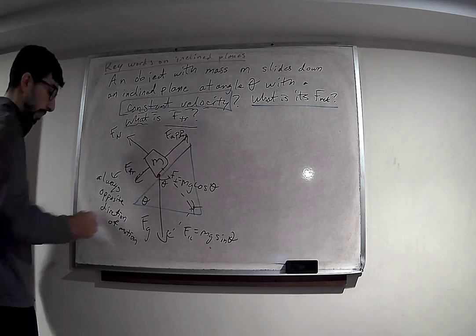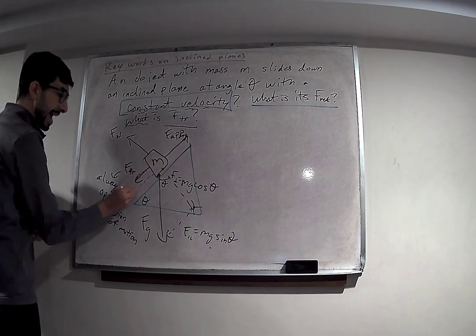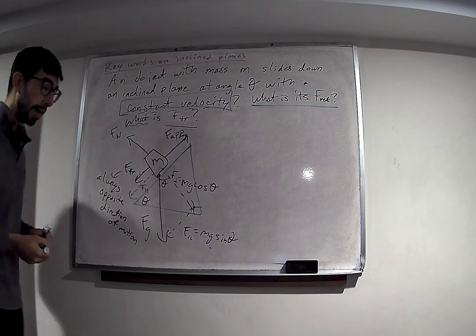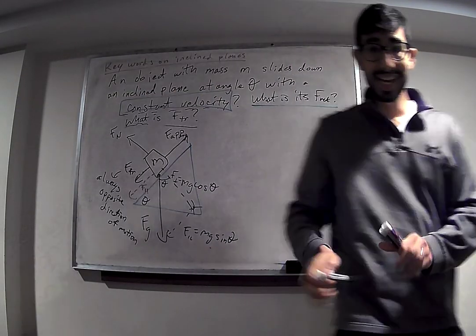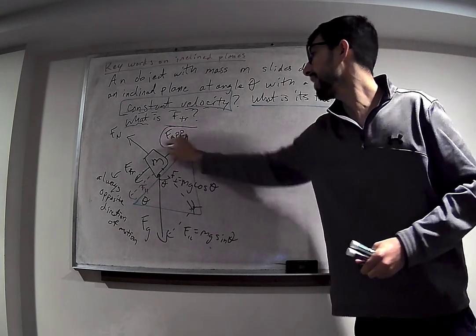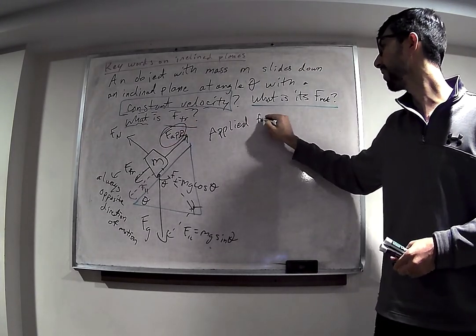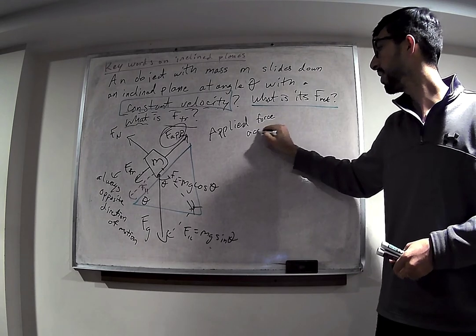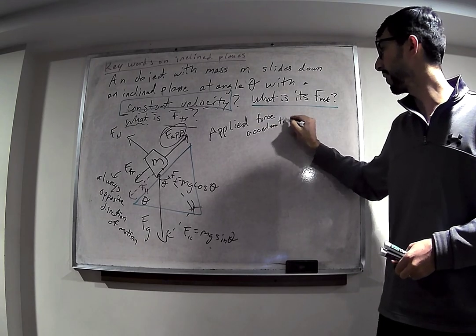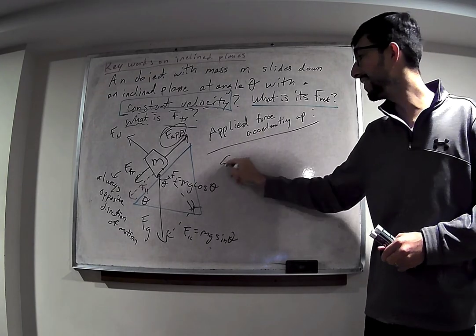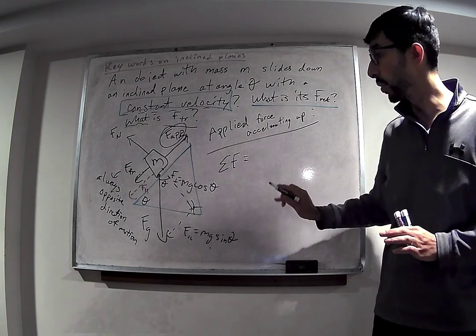Here the friction force pulls down the surface and is added to our force parallel, whereas our force applied is upwards and opposite. In a case like this, let's say we have an applied force pulling up the surface. If we have an applied force accelerating upwards, well, we have a new set of conditions here. In this case, how do we calculate our F net for the whole system?